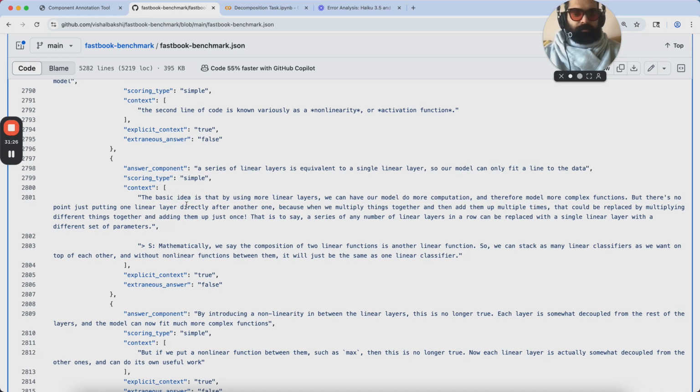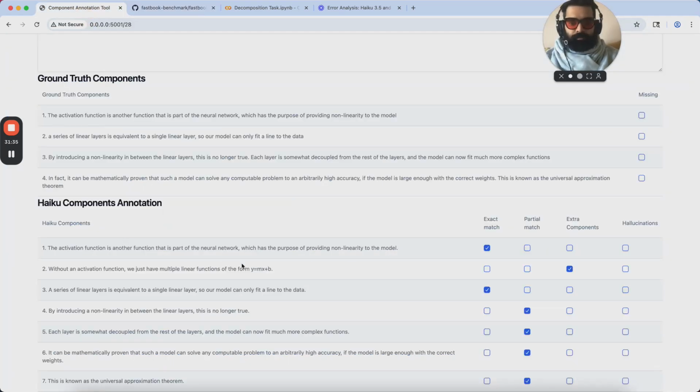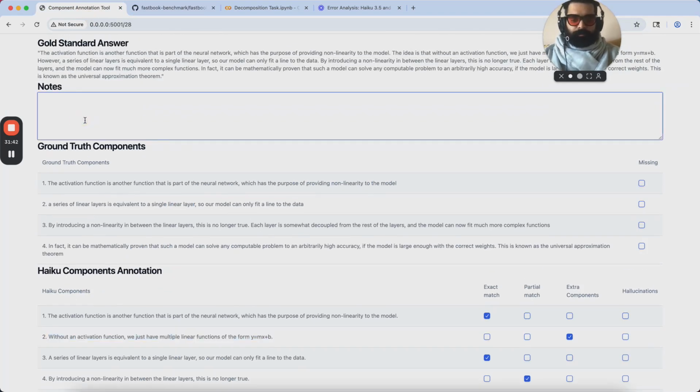Yeah, this context, there's no point in just putting one linear layer directly after another one, would relate to that. So potential to do: add this to answer components.